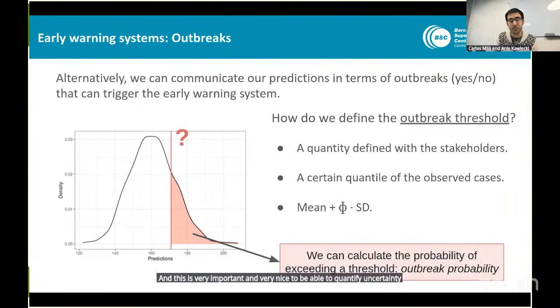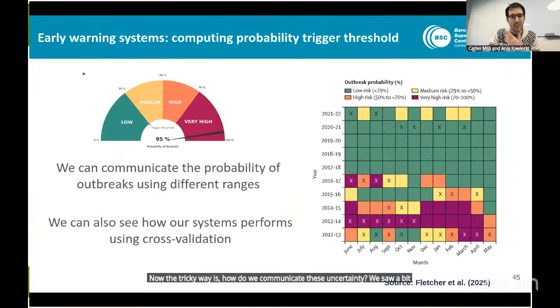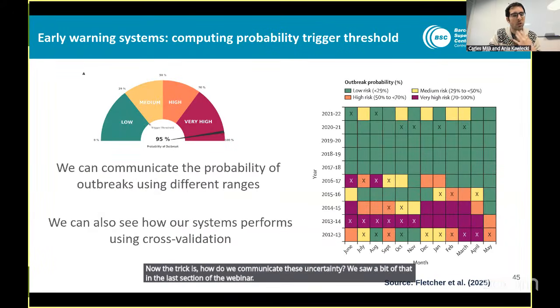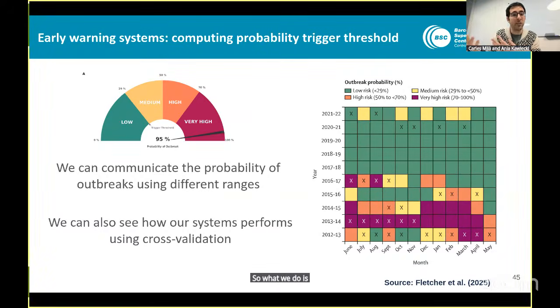And this is very important and very nice, to be able to quantify uncertainty in our early warning systems. Now, the tricky part is how we communicate this uncertainty. We saw a bit of that in the last session of the webinar, but we wanted to explain a bit more on that. So what we do is translate this probability of outbreaks into clear messages.